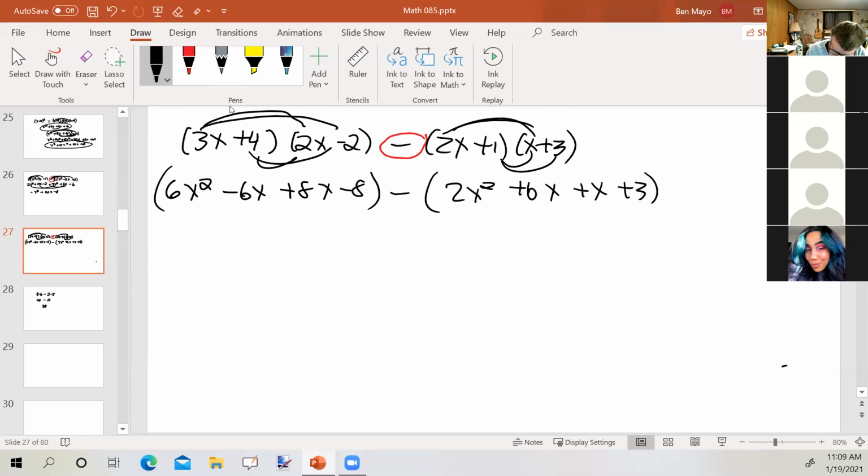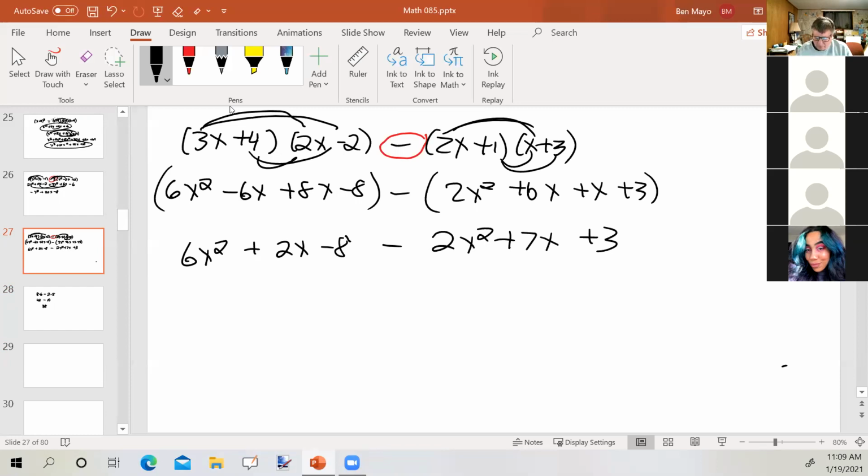Combining like terms, I get 6x squared plus 2x minus 8 minus 2x squared plus 7x plus 3. Now, there's something wrong with what I've just written. What is it?